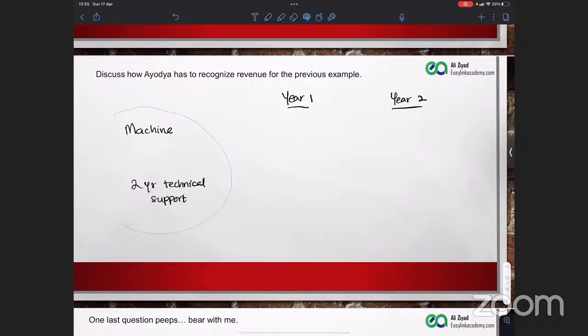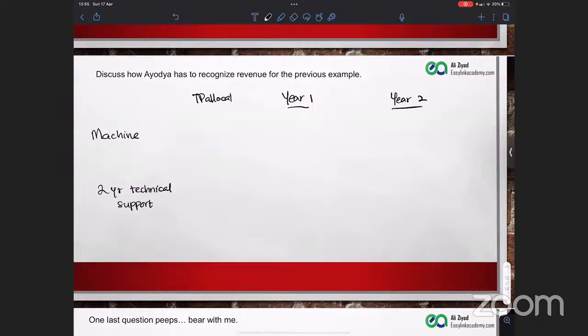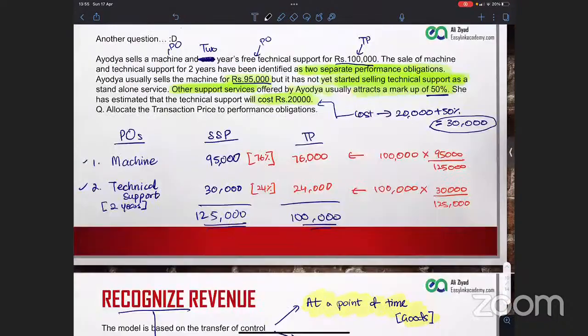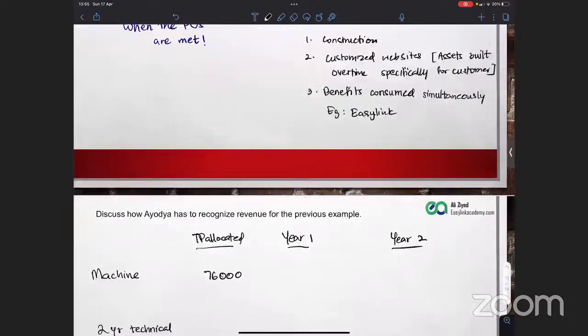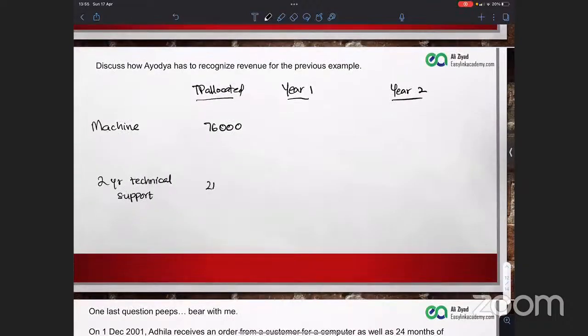What was the transaction price we have allocated? 76,000 and 24,000.